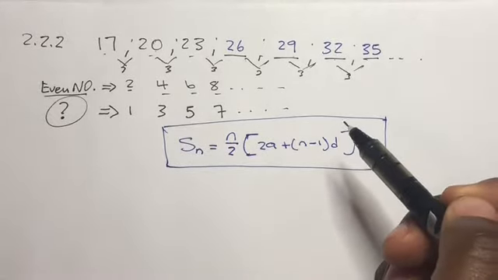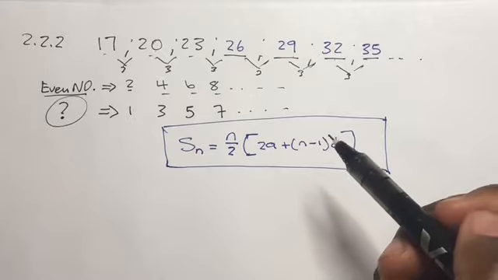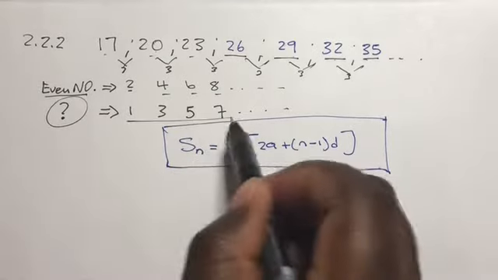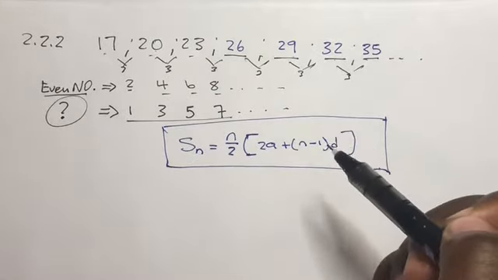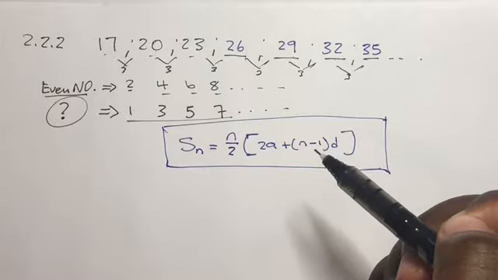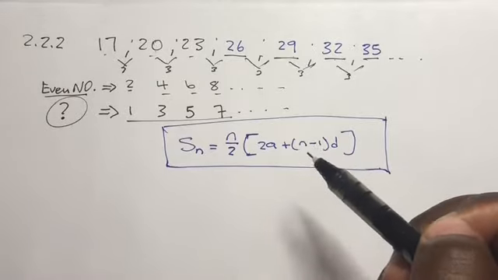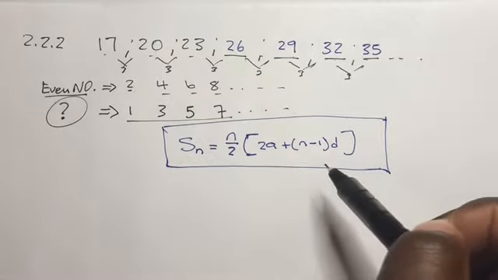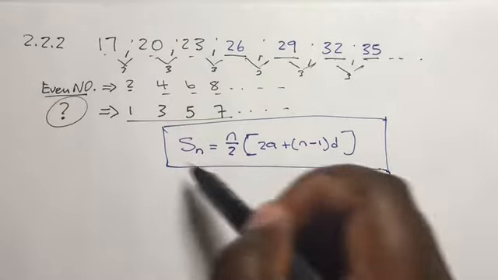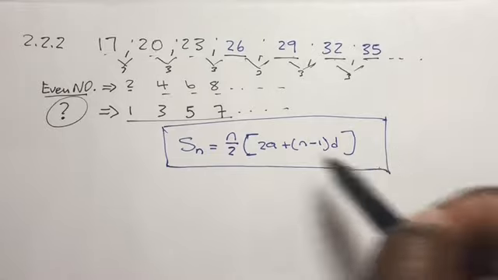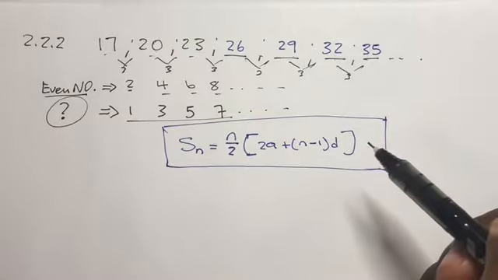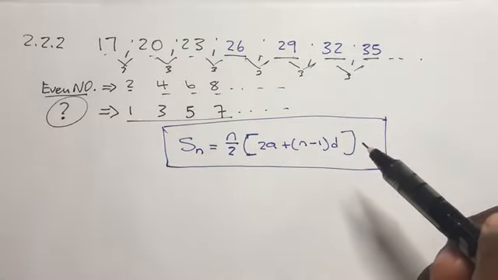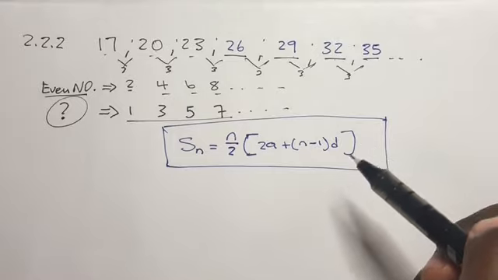So I would advise you to just try to find out what we refer to these numbers, and give a comment on the comment section if you already know what the answer is, so that it helps those who are actually not sure of what they are. So let's continue with answering the question.